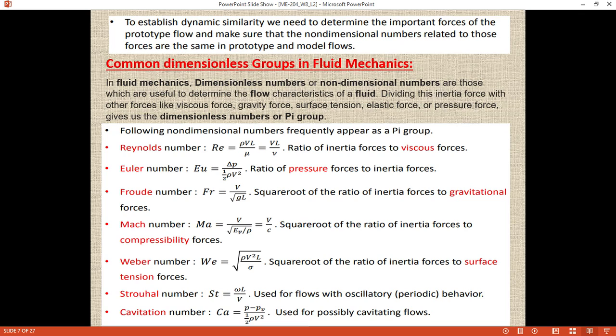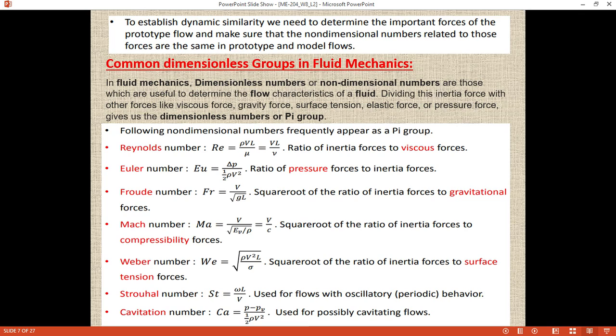So to establish a dynamic similarity, we normally take help from some of the standard non-dimensional numbers, because whenever we solve a real life problem, all the variables normally do not appear in all the natural problems or every issue, so the variables vary, but more or less it repeats.